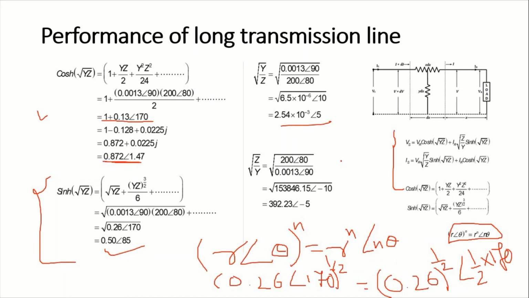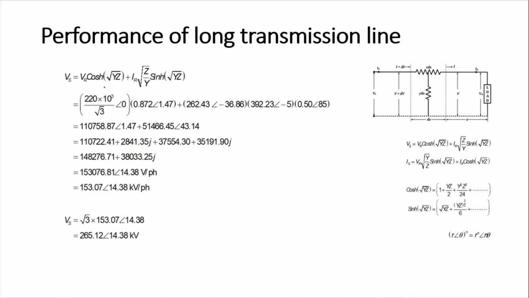Now put all these values in these two equations, Vs and Is. First, the Vs equation is Vr cos h under root y by z plus Ir under root z by y sin h under root y into z. Put all these values in this equation and take the Vr value as a phase value, so divide by root 3 because the 220 given is a line value.